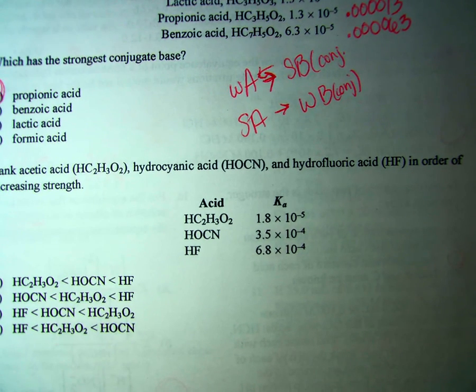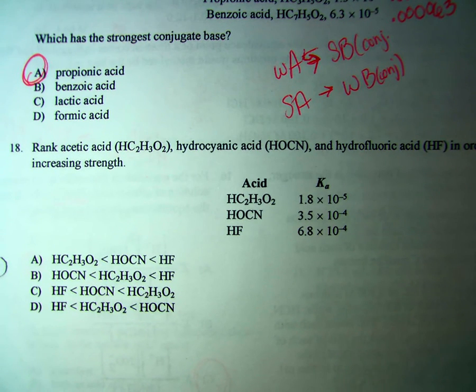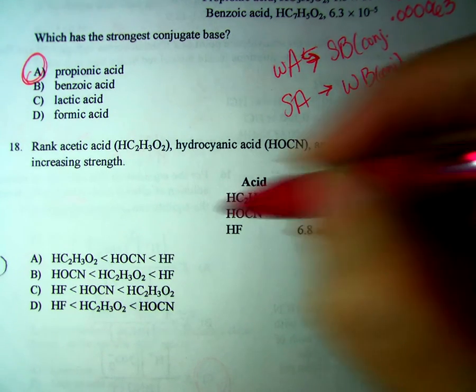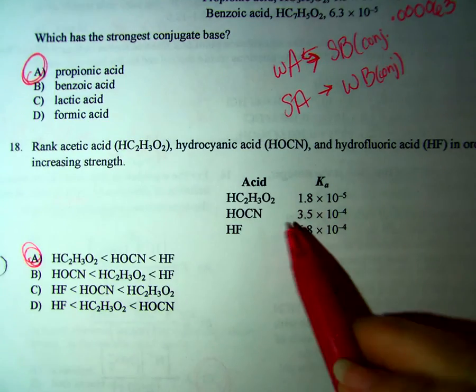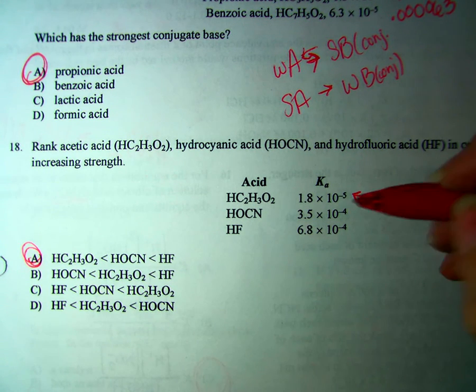Which one is the strongest? Which would be the one with the highest? Wait, no, wait a minute. In order of increasing, so we need the weakest one first. Which one's the weakest? This one is the weakest acid, but it has the smallest Ka.